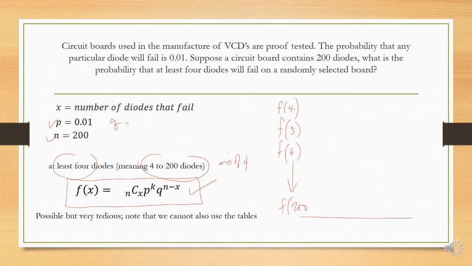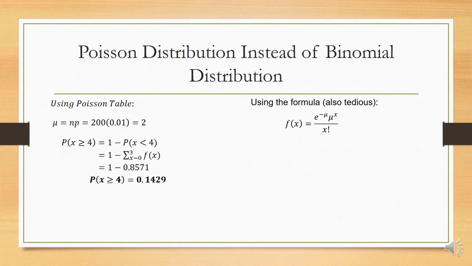We cannot also use the tables. Mas madali sana kasi ang n natin dun sa table ng binomial is hanggang 20 lang. At yung p natin ay 0.1. So, when you have that kind of problem, magre-resort tayo sa another method using yung Poisson.